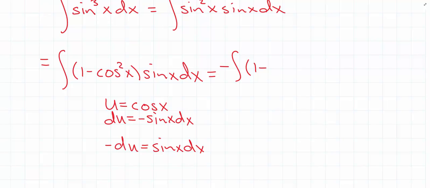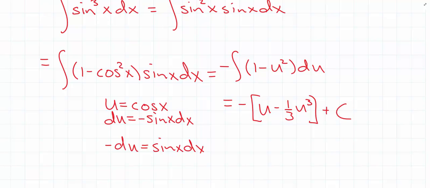And then I've just got 1 minus u squared du. See? And now that integral is pretty tame. It's just 1 minus u squared. So that is going to give us negative u minus 1/3 u cubed plus constant. There it is. Very easy, right?